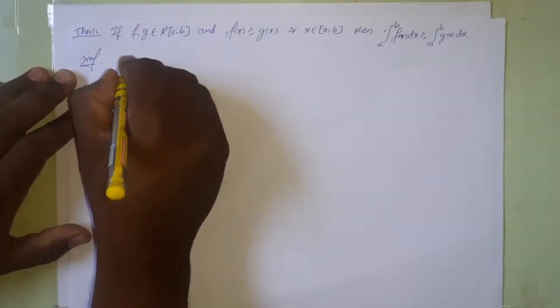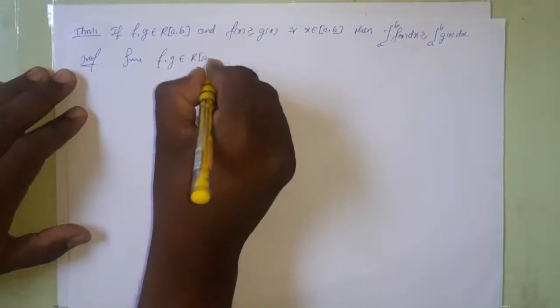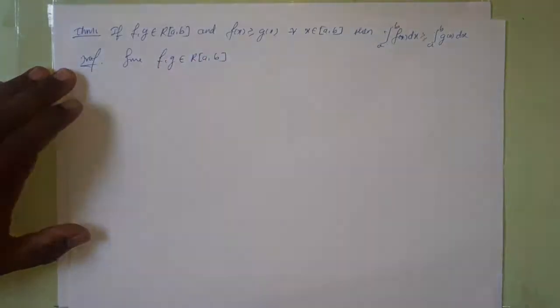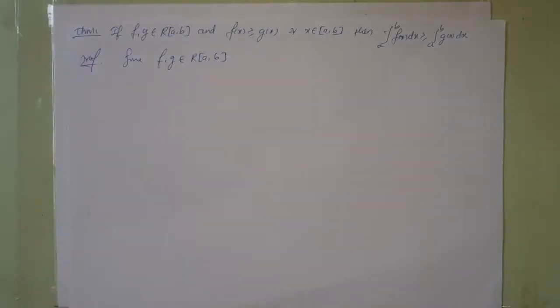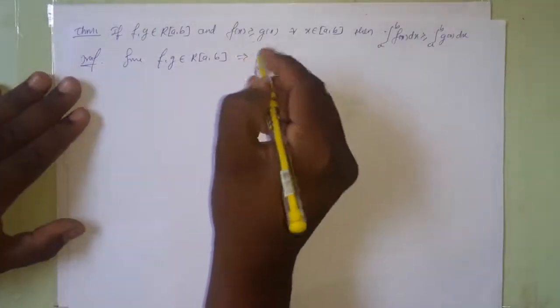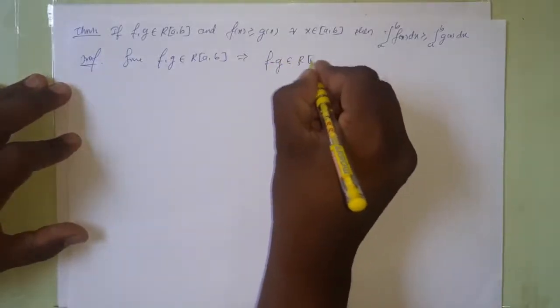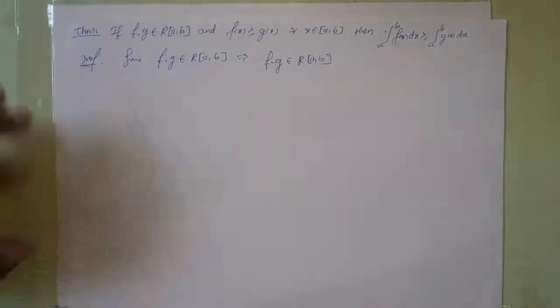Here, since f, g belong to R of the closed interval [a, b], it is given that the two functions f and g are Riemann integrable functions. Then by using this condition we can write that f minus g is also a Riemann integrable function.